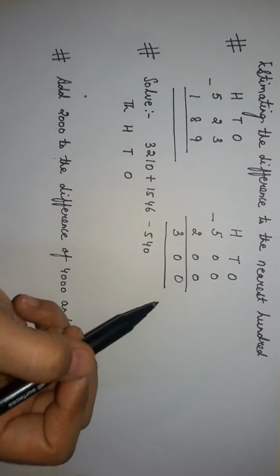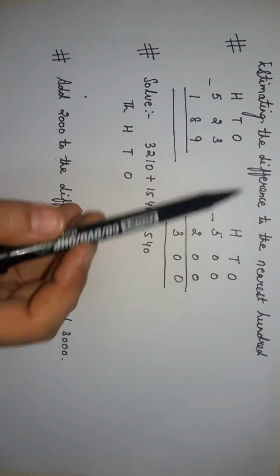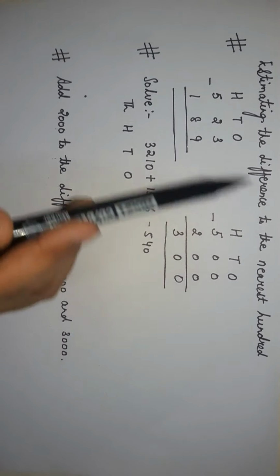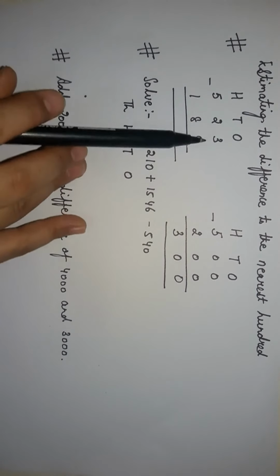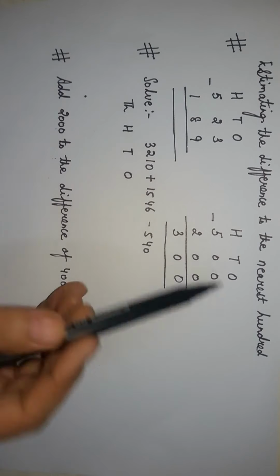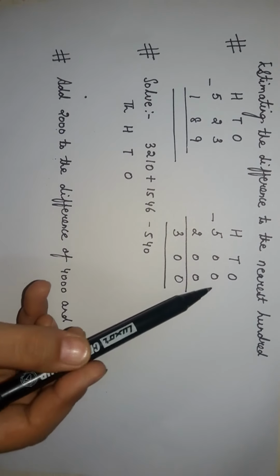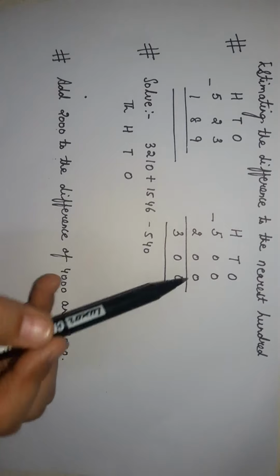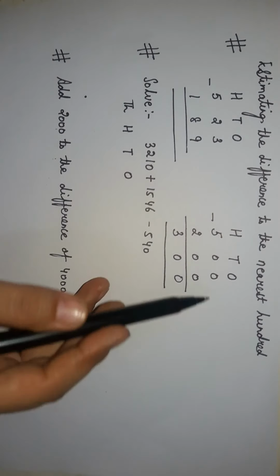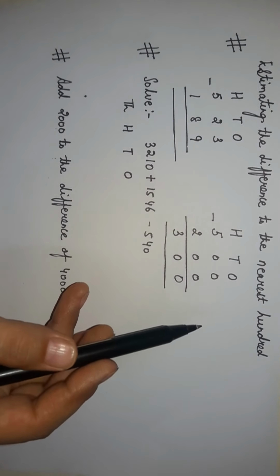Whenever you get a sum in which you have to estimate the difference to the nearest 100, first of all round the numbers to the nearest 100 and then subtract them. Okay. So this is the example of estimating the difference to the nearest 100.